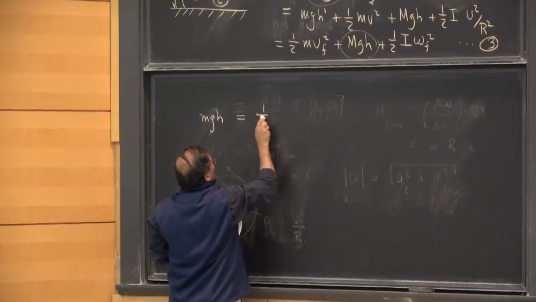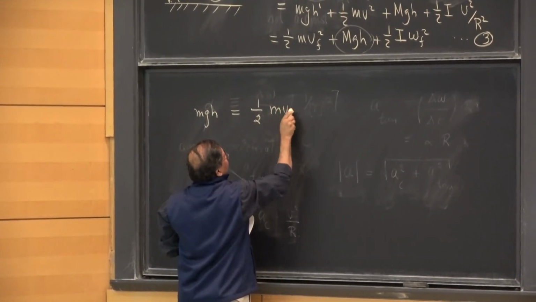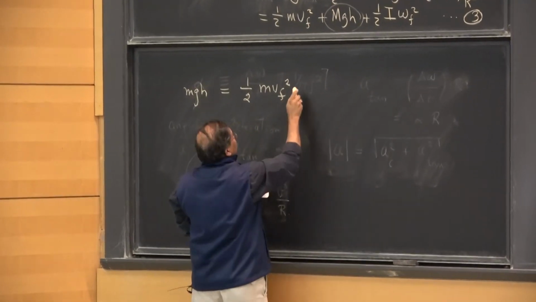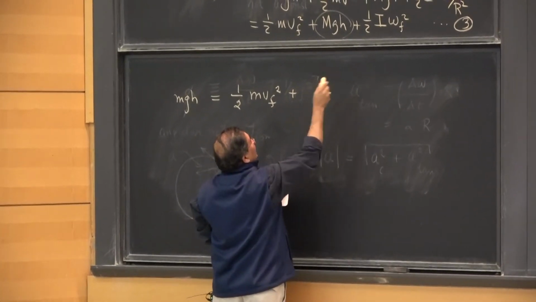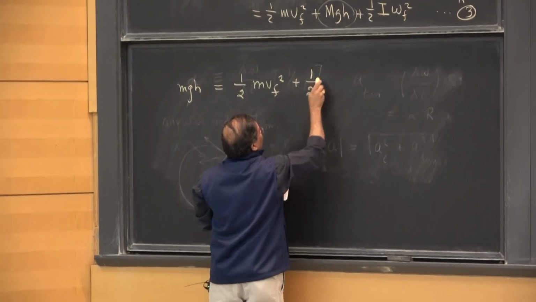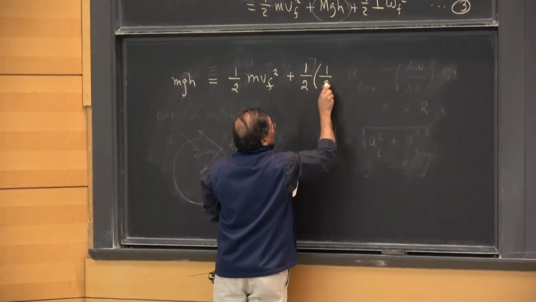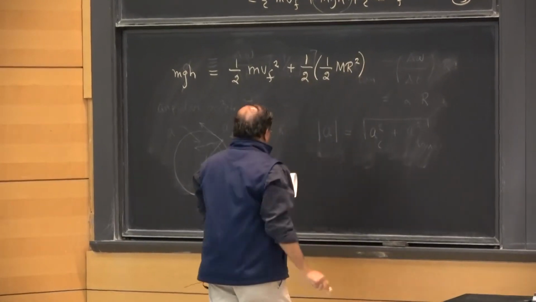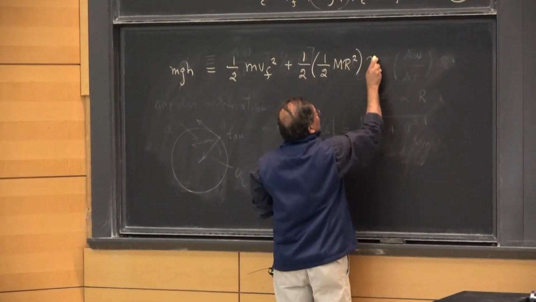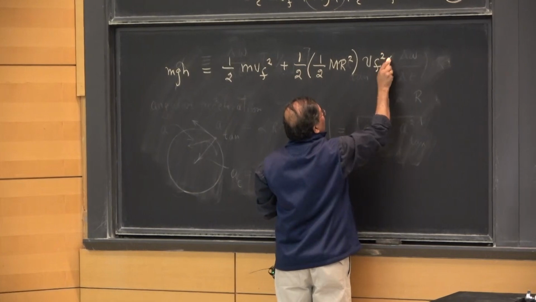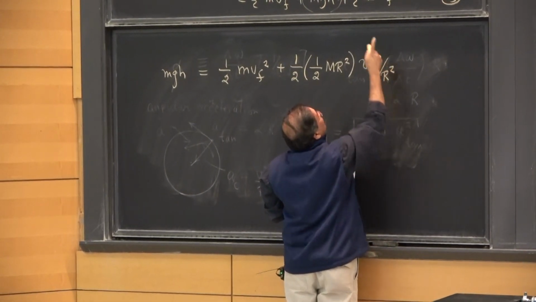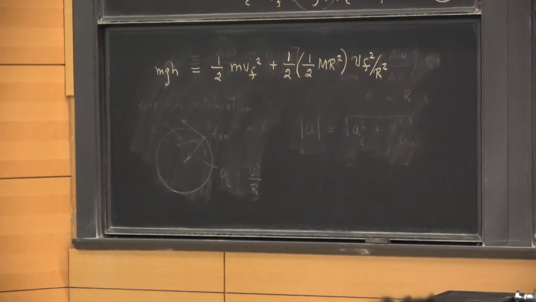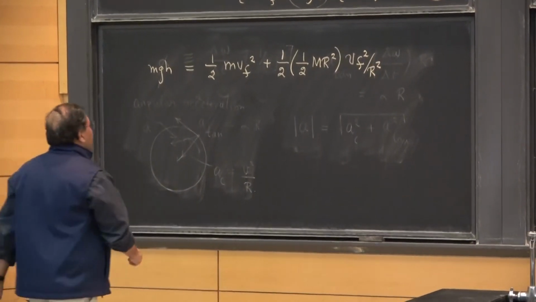So that's going to be 1/2 m v final squared. Again, I ignore mgh. Plus 1/2 I omega final squared, but this is a disk, so it's 1/2 mr squared, where r is the disk radius. And omega final squared is v final squared over r squared, by the very same argument I made in converting with v equal to r omega, the so-called no slipping condition, as I said.